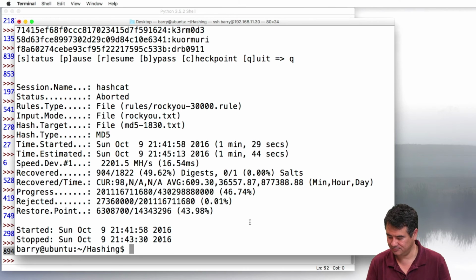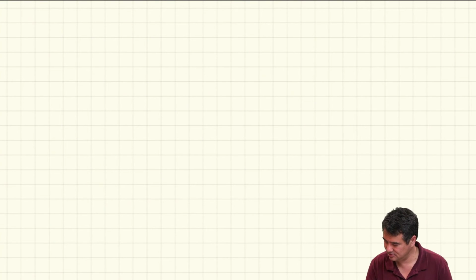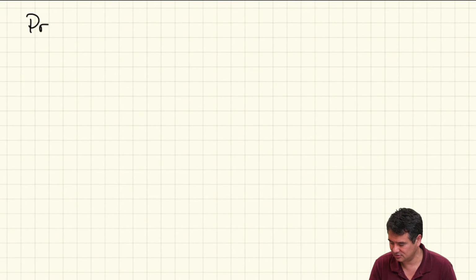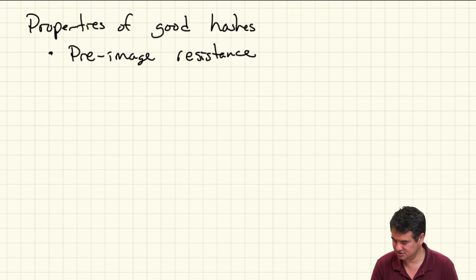Okay, so let me switch over to the screen here. We were talking earlier about properties of good hashing algorithms. One of them is called pre-image resistance.